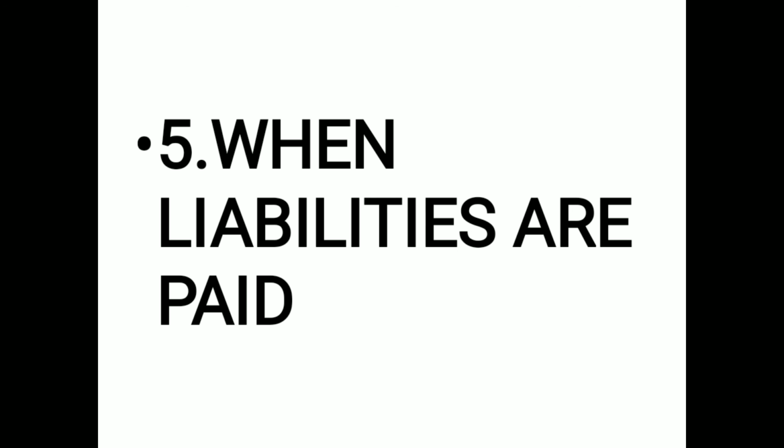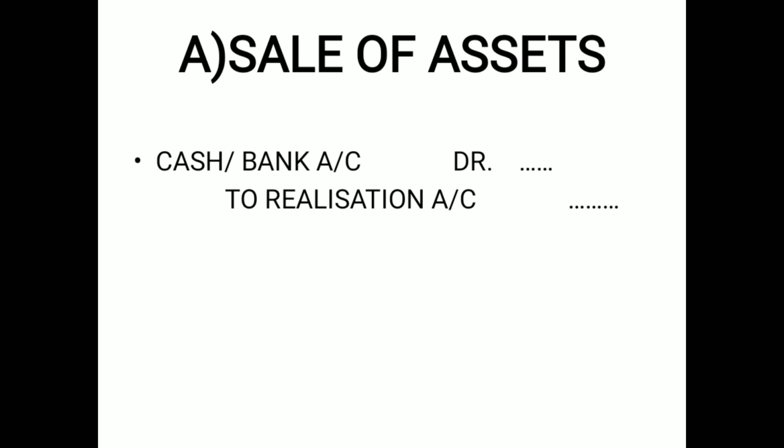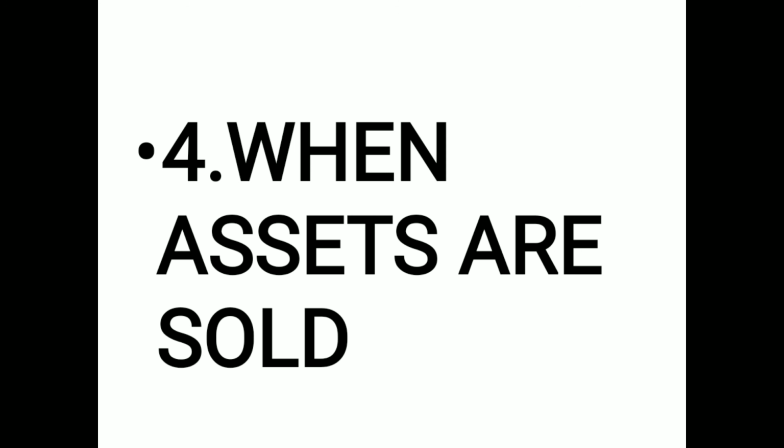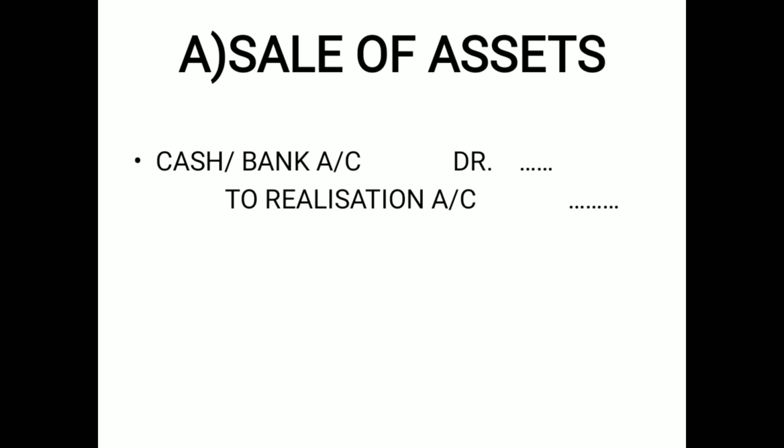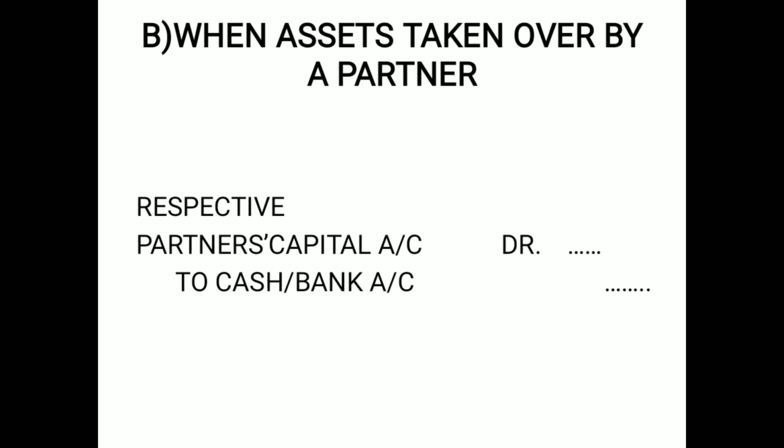The next topic, an important topic, is when liabilities are paid. Try to understand. You have understood that assets are sold, so amount is realized. This is the sale of assets, or the asset has been taken over by a partner, which means during that time his capital account is debited, that means the amount has been taken from the partner's capital account.